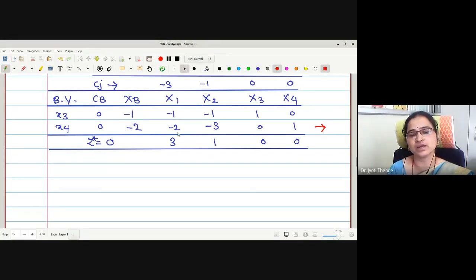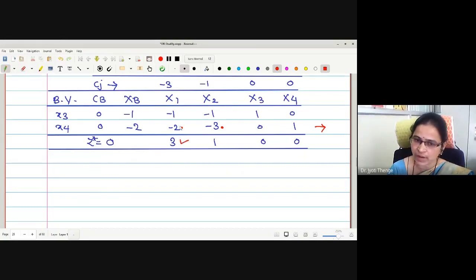Now we have to select which variable will enter the basis. In order to select which variable will enter the basis, what is asked to find out? A ratio: net evaluations upon those entries in the key row which are negative. How many entries are negative in the key row? These two entries are negative. Therefore, which two ratios are possible?